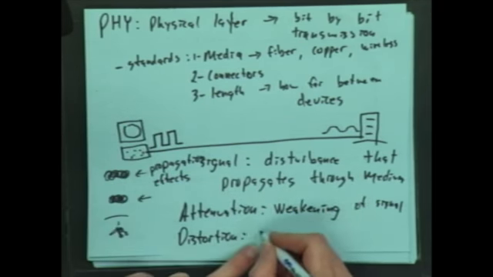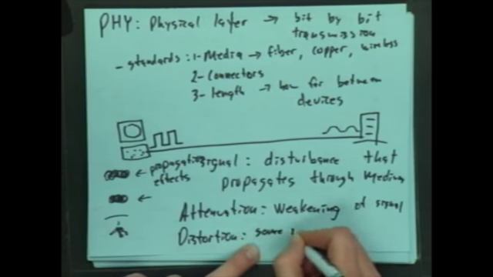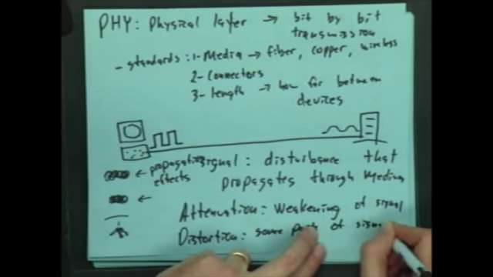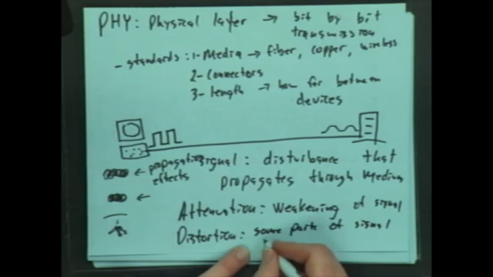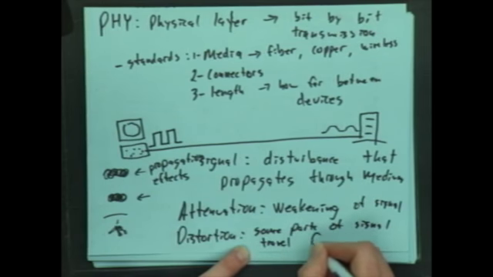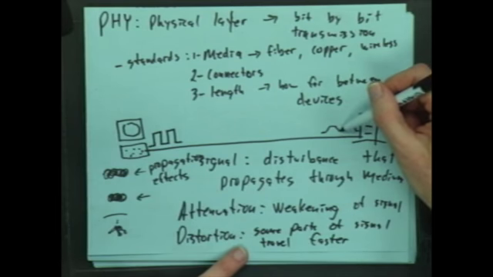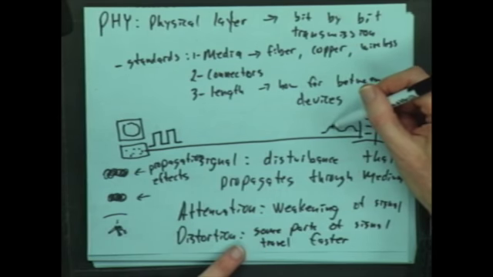What happens is some parts of the signal arrive early and some arrive late. So we'll just say some parts of the signal travel faster. So there's some electrons that get to the end really fast, a whole bunch that don't get there quite as fast as they could, and then there's some that are kind of late.